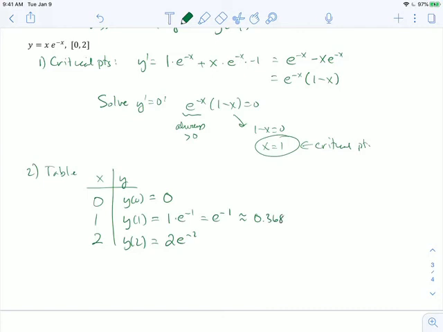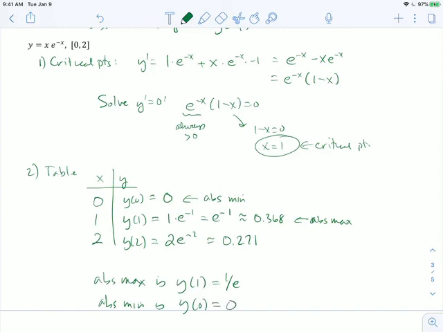We said in the previous video that e to the minus 1 is about 0.368, and if you plug into your calculator, 2e to the negative 2 is about 0.271. And so this is my max, and 0 is going to be my min. So the absolute max of this function is y of 1 equals 1 over e, and the absolute min on this interval is y of 0 equals 0.